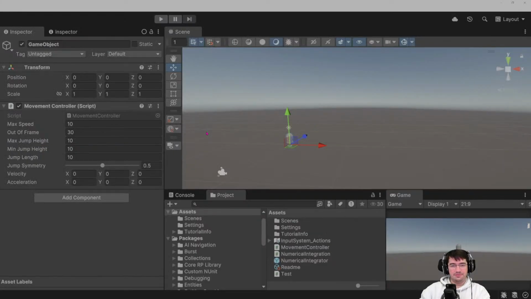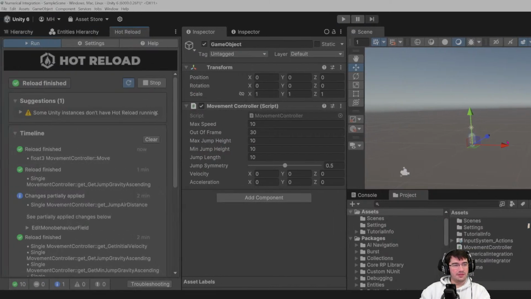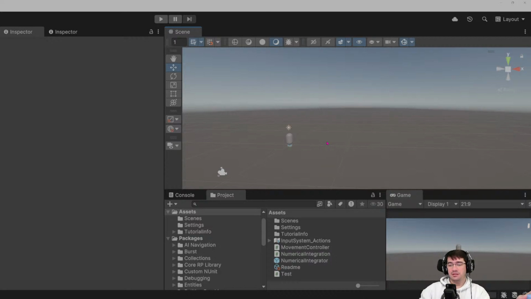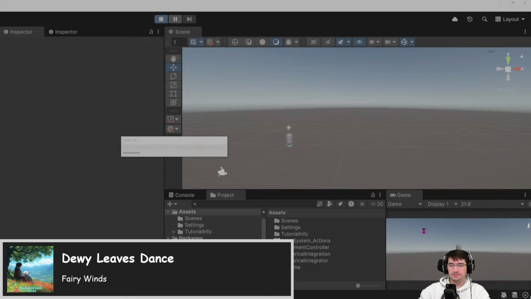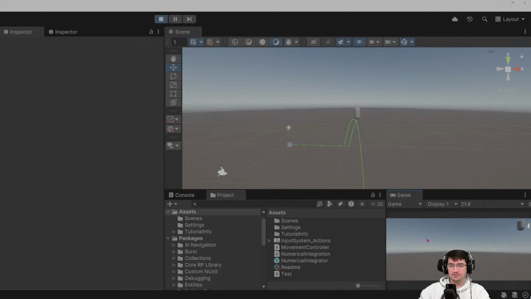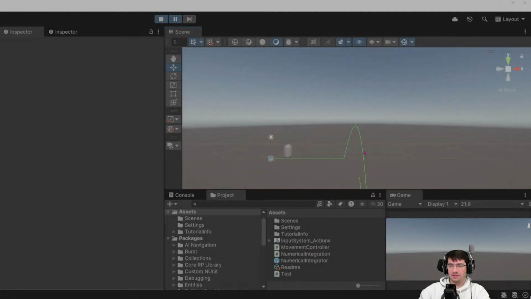So force it to recompile to be sure, and hopefully we can jump correctly now. Is that 10? Doesn't feel like 10.